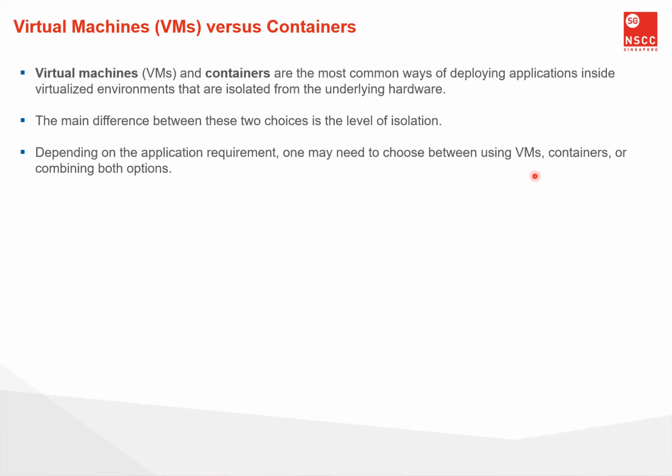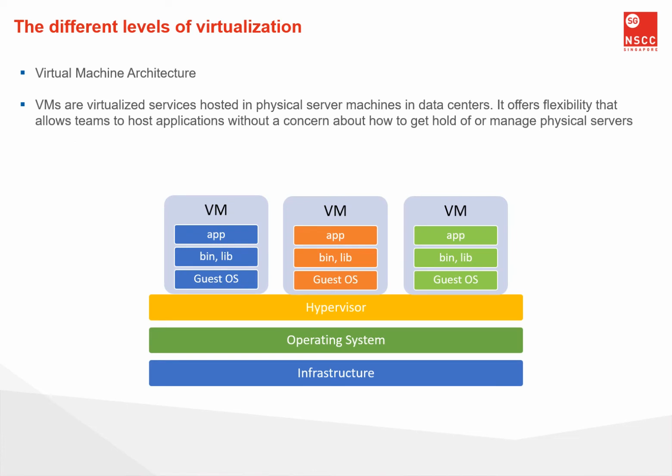The containers are a much more lightweight version of these virtualized instances. In this set of slides, we're going to talk about the virtual machine architecture as well as the different levels of virtualization. So virtual machines are virtualized services hosted on the physical machine itself with its own operating system.